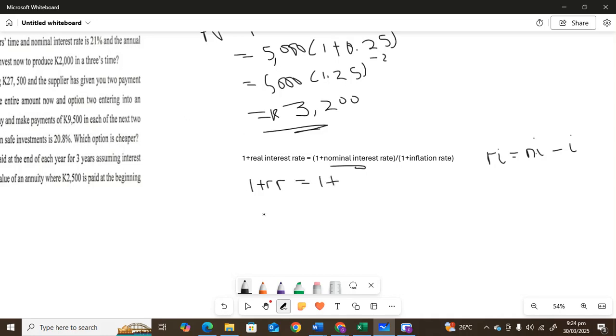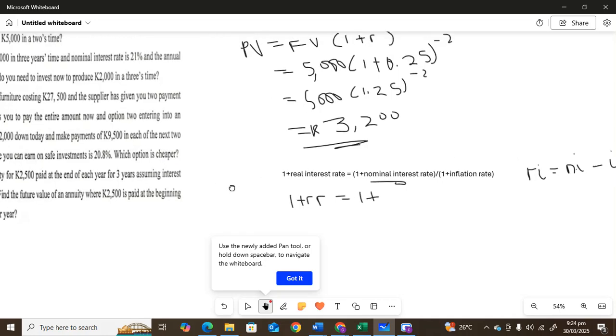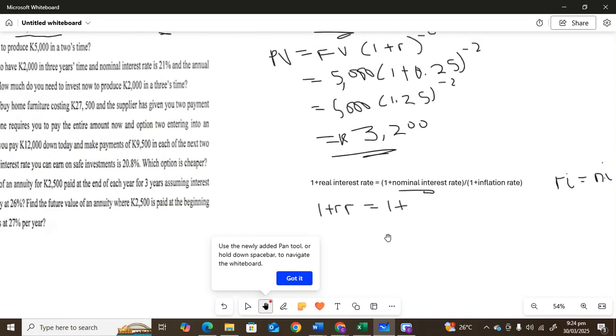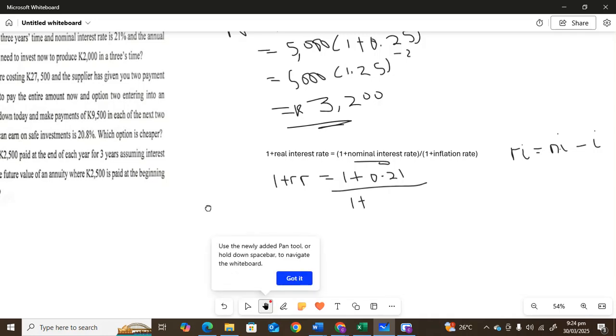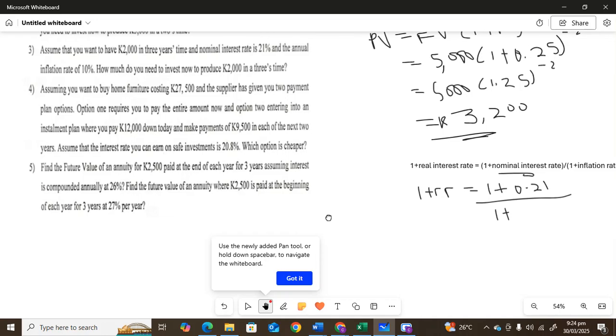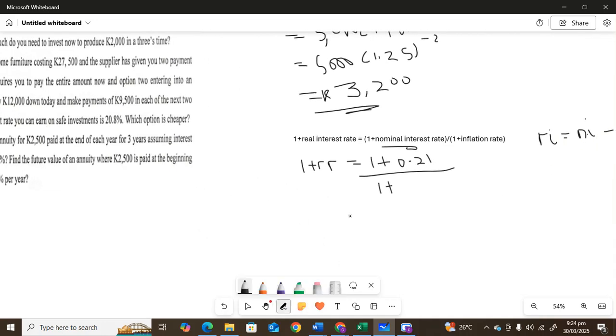In this question, they told us the nominal interest rate is 21%, so you say 0.21, divided by 1 plus the inflation rate. The inflation rate in this question is 10%, so you're going to say 0.1.